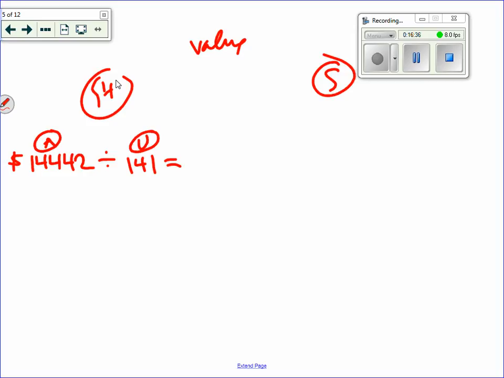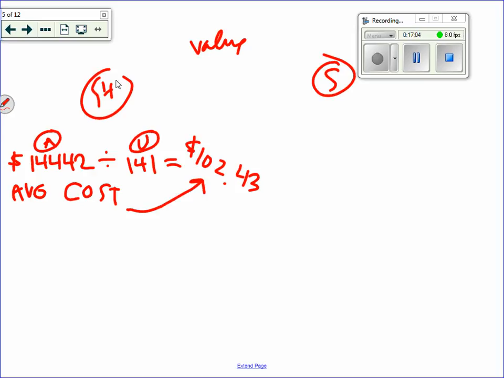So we have 141 units available that cost us 14,442. Our average then is $102.43. So this was our average cost.